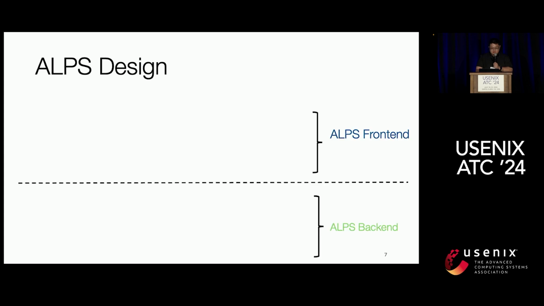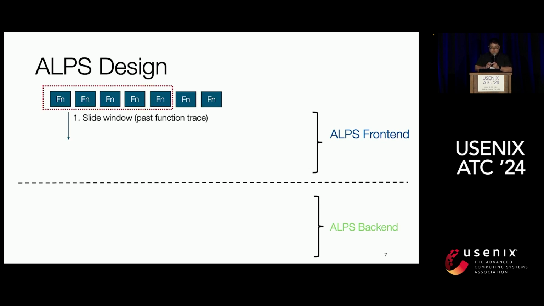Then let's see the ALPS design in detail. As mentioned, ALPS has two components, the front end and the back end. The front end sits in the user space, and the back end sits in the kernel space. Firstly, the front end selects past function traces by sliding window. Because it selects the most recent traces, it can characterize the most relevant information from the FaaS workload.